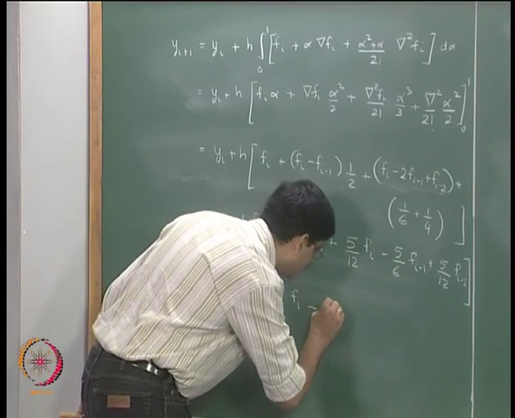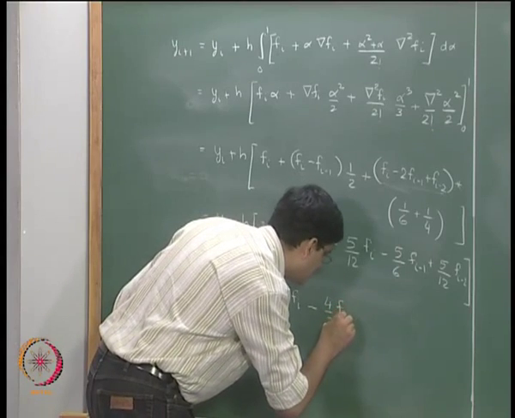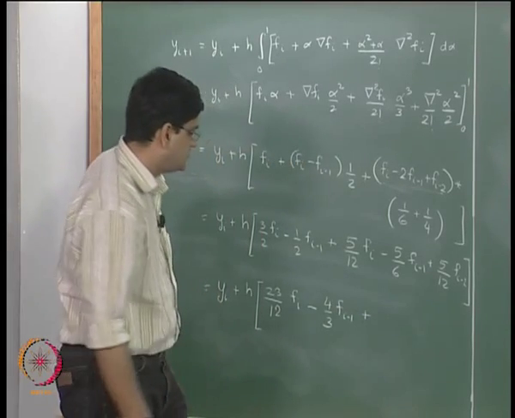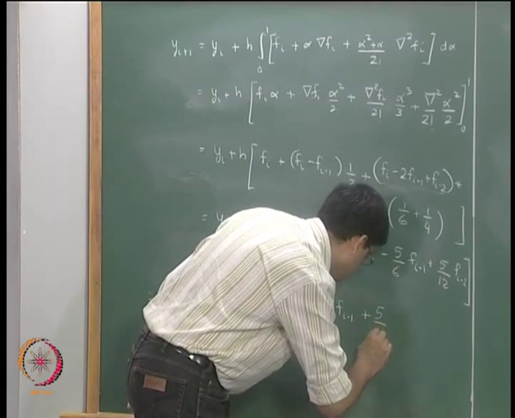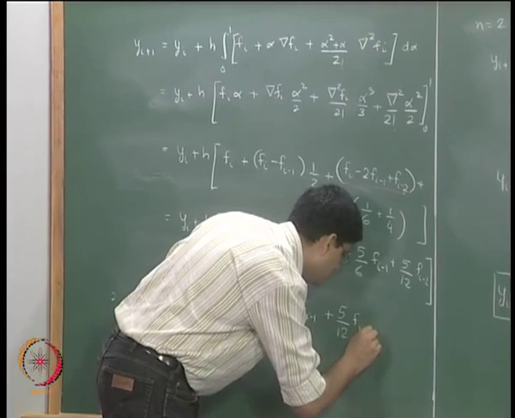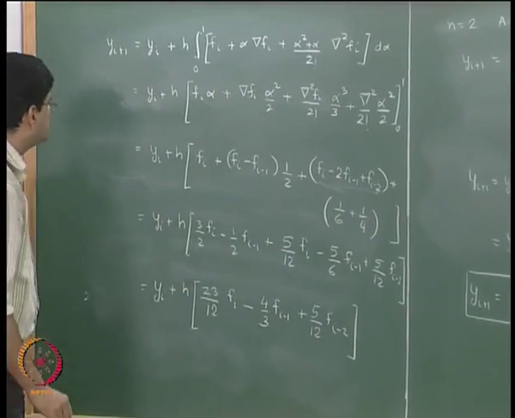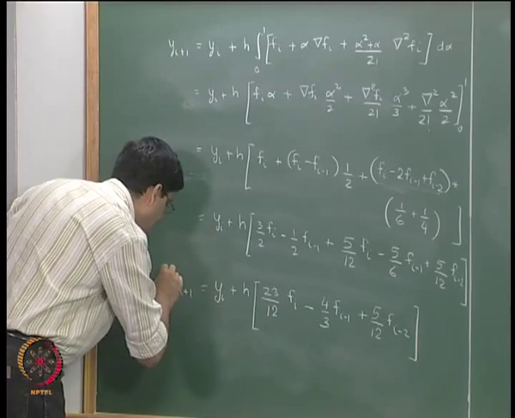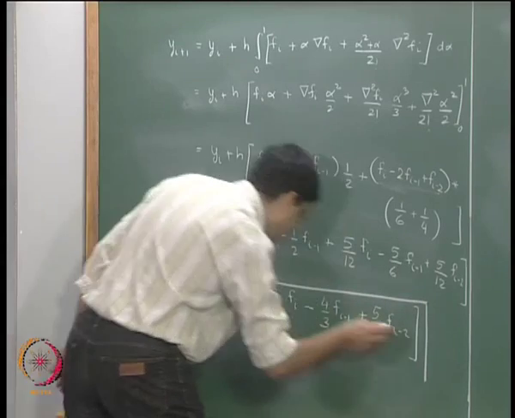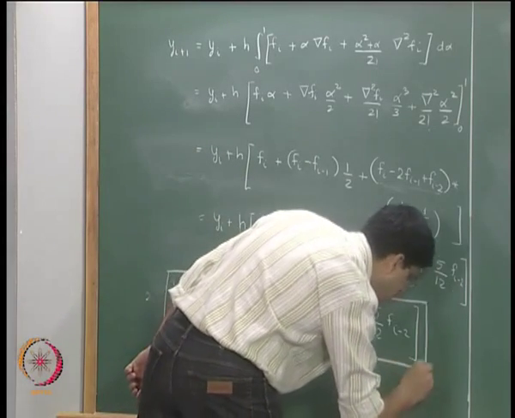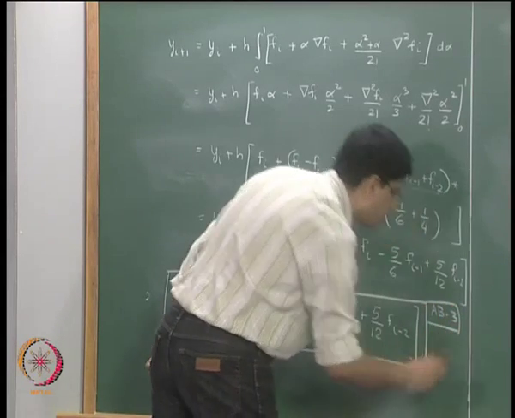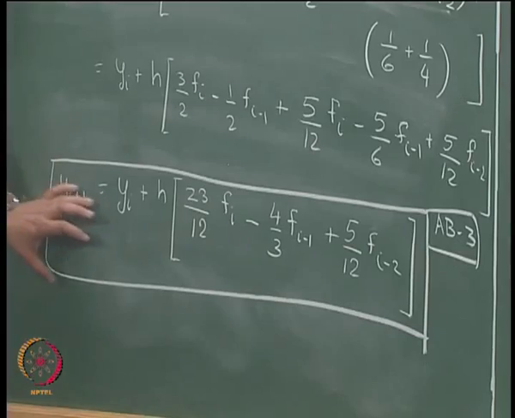So that will be 4 by 3 fi minus 1 plus 5 by 12 fi minus 2, and this is going to be our Adam-Bashforth third order method. Okay. So, this is the result for Adam-Bashforth third order method.